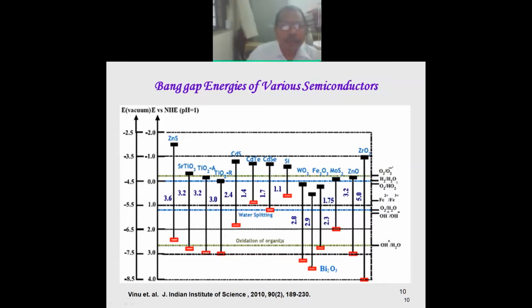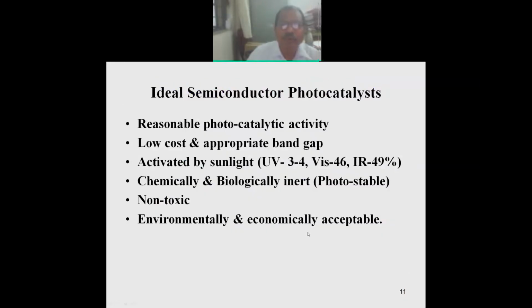In order to act as a catalyst, one should have the oxidation potential in between the hydroxyl radical and superoxide ion, and this band edge potential is important. Band gap potential, again, is important when it is used for photocatalytic application.